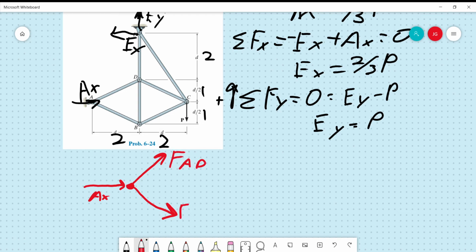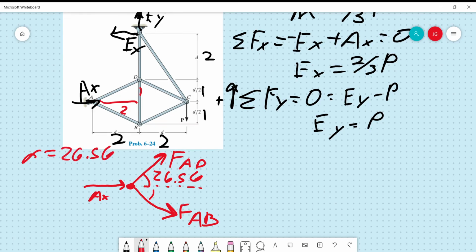So FAD, FAB, and now all you have to do to find the angle is do inverse tangent of 1/2. So it's going to give you 26.56 degrees, and we're just going to go ahead and call that alpha, because I don't want to write it out too much.